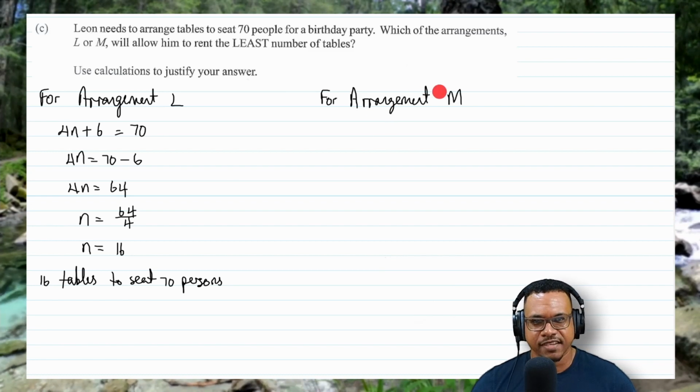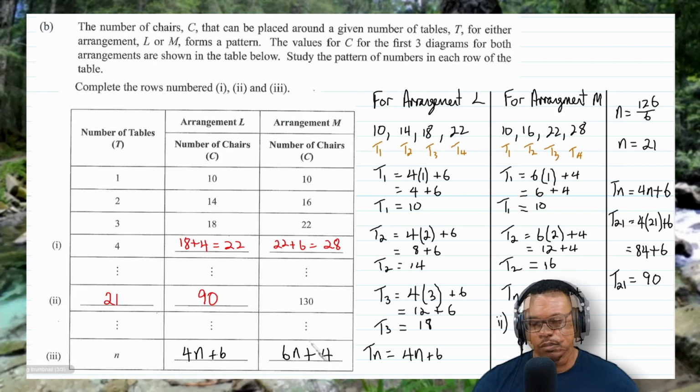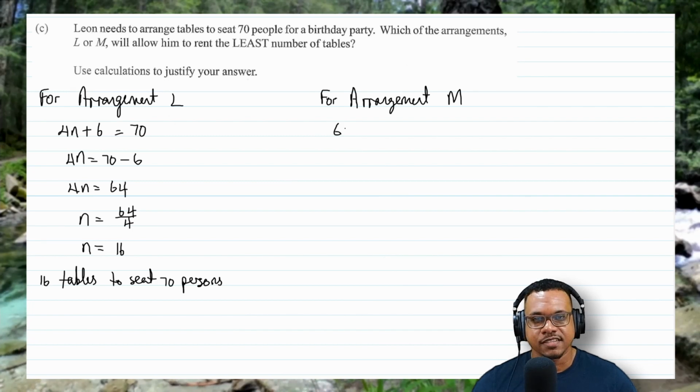So now for arrangement M, we go back to our general formula here, which is 6n plus 4, the general formula for the number of chairs for arrangement M. And of course, we want to have 70 chairs. So we're going to have 6n plus 4 is equal to 70. So we transfer the positive 4 across the equal sign and it turns to negative 4.